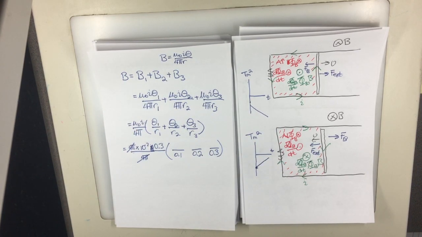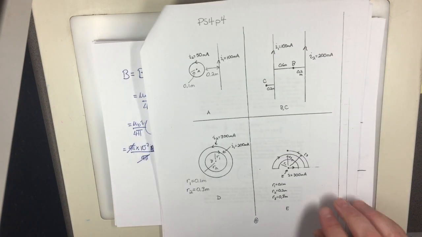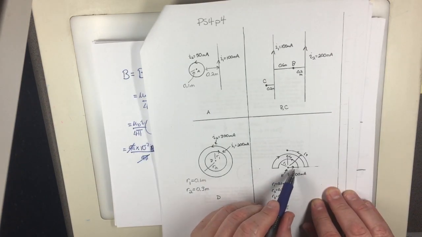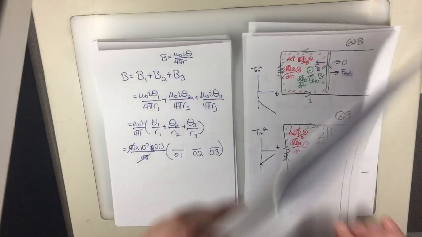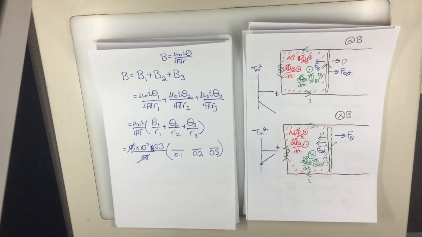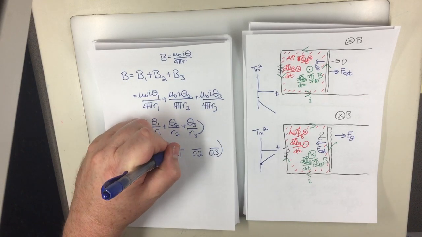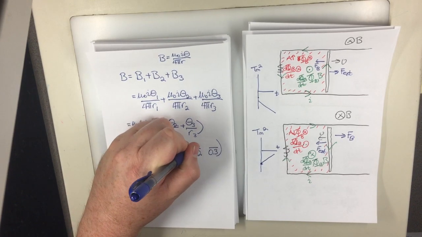So now we have two things to determine. One, the values of the thetas, and two, the signs. For the first two arcs, that arc and that arc, they are semicircles. So the number of radians in a semicircle is pi.